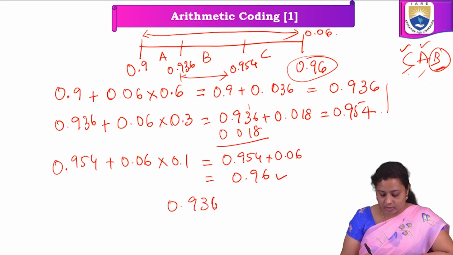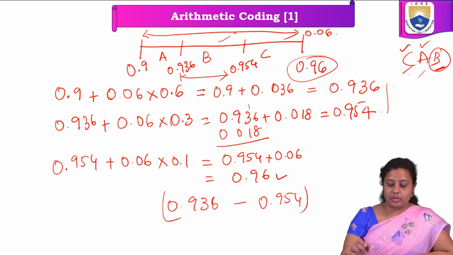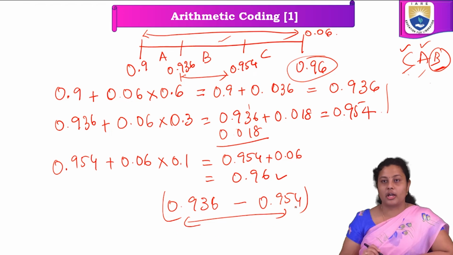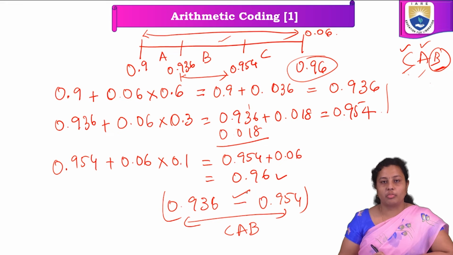0.936 to 0.954. Now, if I take the code value ranging between 0.936 to 0.954, I'm going to represent it as my sequence CAB. I can choose any value in between 0.936 to 0.954.